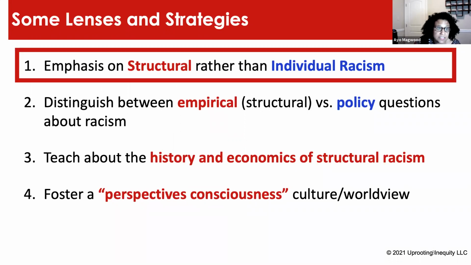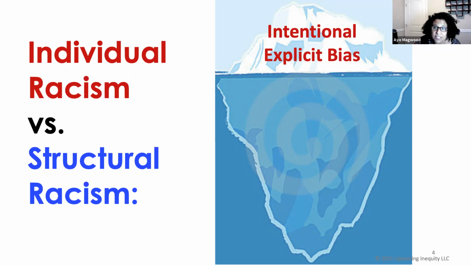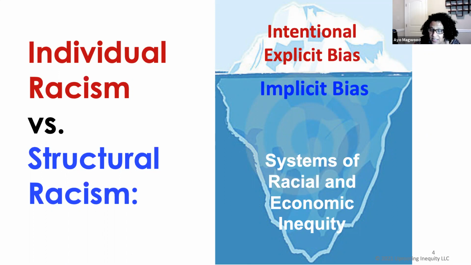So first, let's talk about structural versus individual racism. You can think of racism as an iceberg. At the top, on the tip of the iceberg, visible outside the water, is intentional explicit bias. Right underneath the surface is implicit bias. But underneath the bottom of that iceberg are systems of racial and economic inequity.